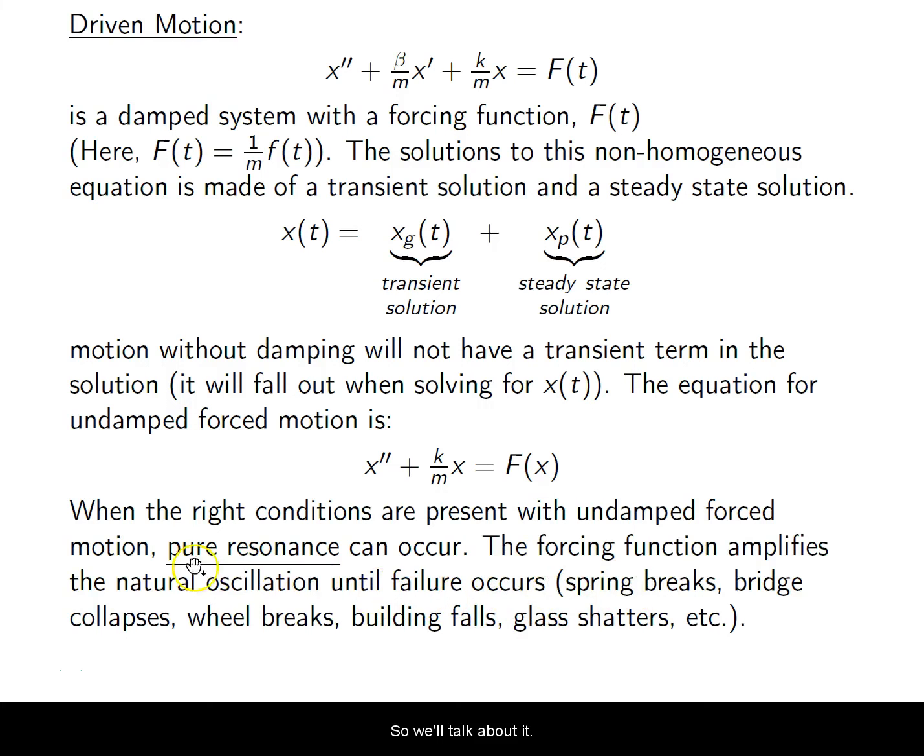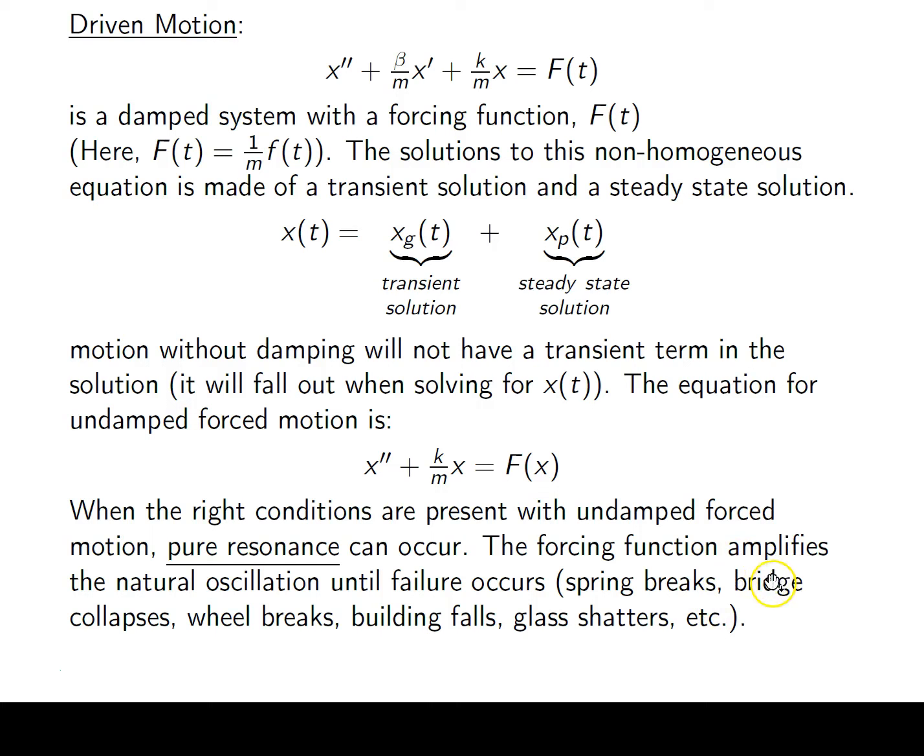So basically, if we have pure resonance, our system is going to oscillate back and forth until something breaks. Either the spring is going to go past its elastic capacity and break. If we're modeling a bridge, there's something called the Tacoma Bridge. You can Google that.